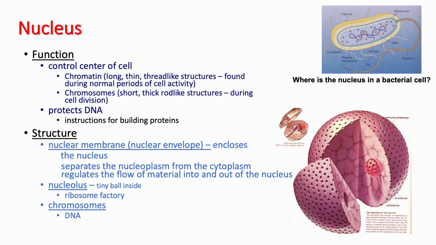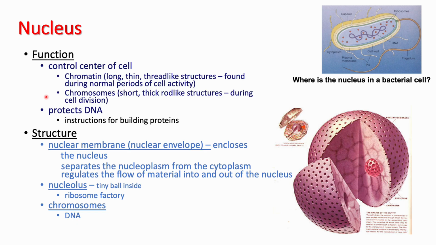The nucleus is the control center of the cell. Within the nucleus, we can find chromatin, which is the long thread-like structures, kind of looks like a plate of spaghetti, if you will, found during normal periods of the cell activity.